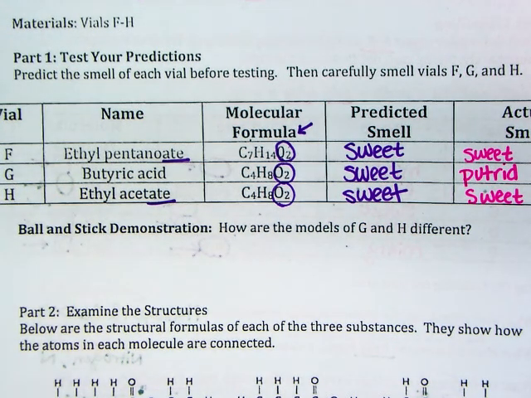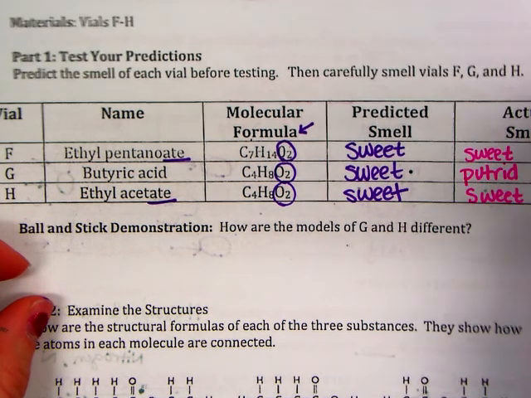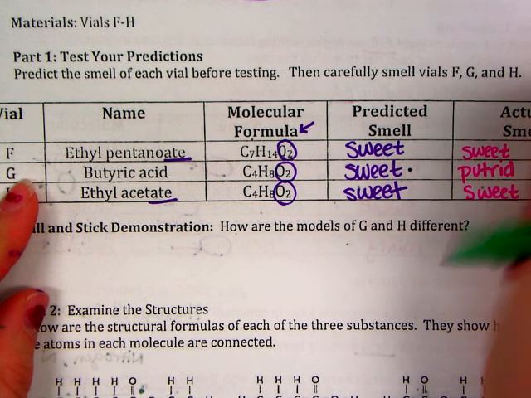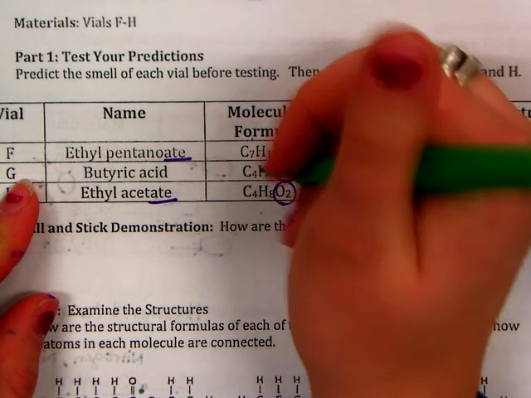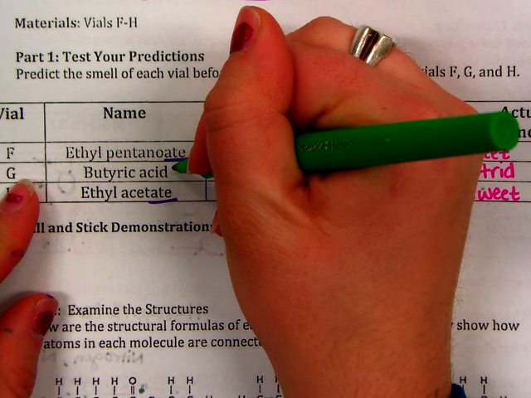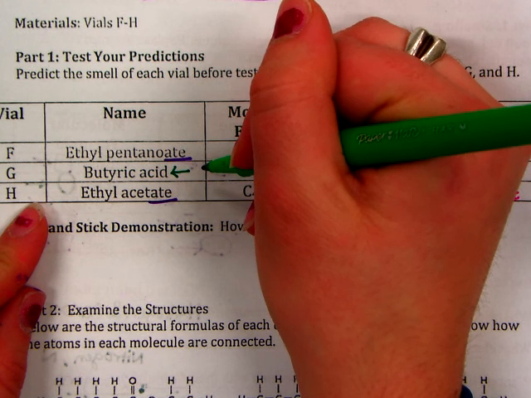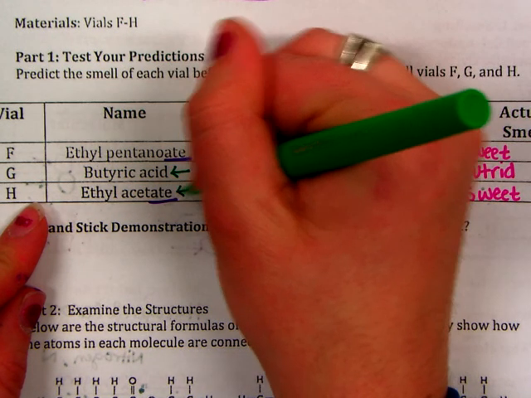But I'd like us to look for a moment at why it is that we picked sweet smell for vial G, but it gave us a putrid smell. We have 2 different names for G and H: butyric acid and ethyl acetate.